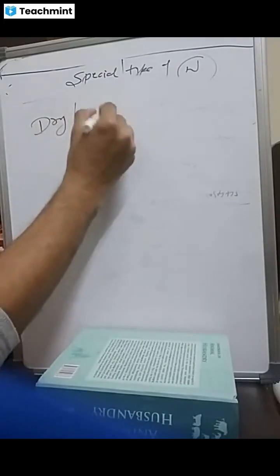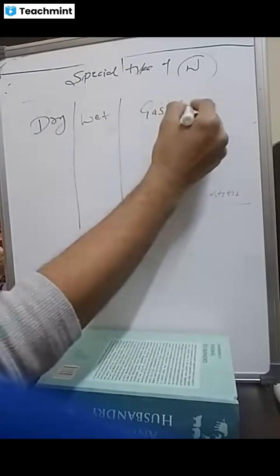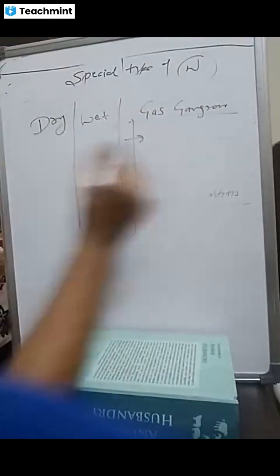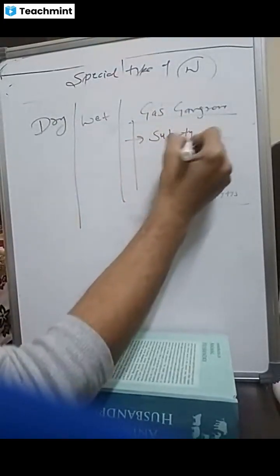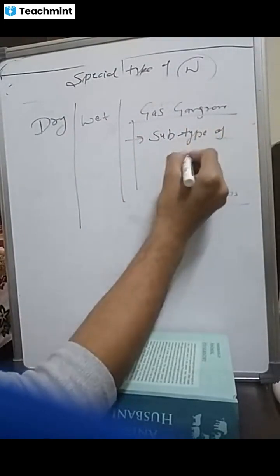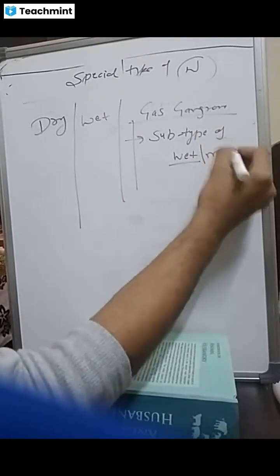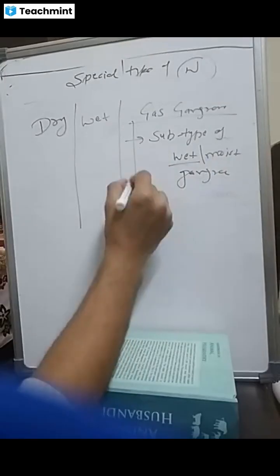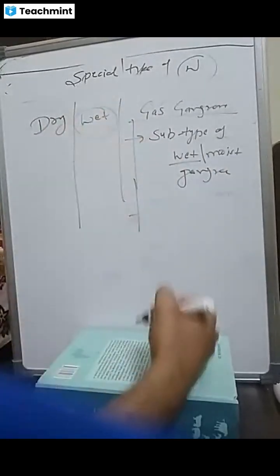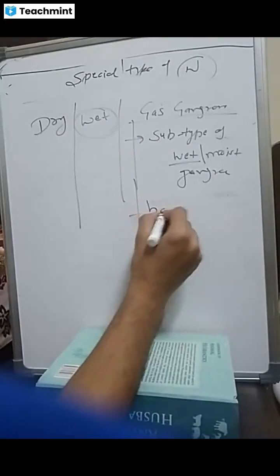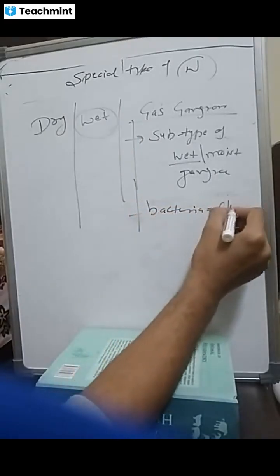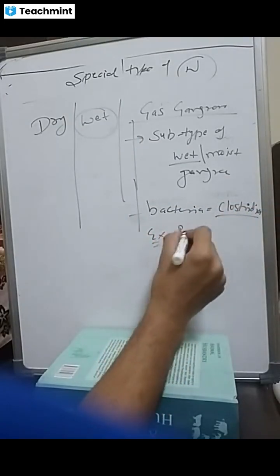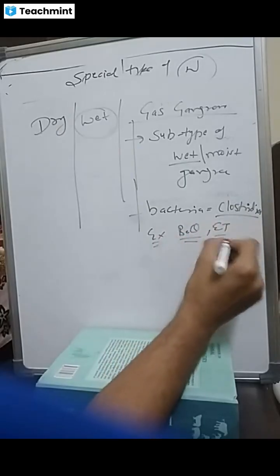Dry, wet, and there is gas gangrene. Two points about gas gangrene. It is a subtype of wet or moist gangrene. The bacteria involved here is Clostridia. Example, black quarter, BQ, and enterotoxemia.